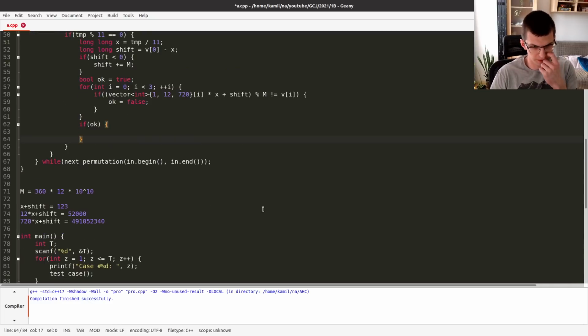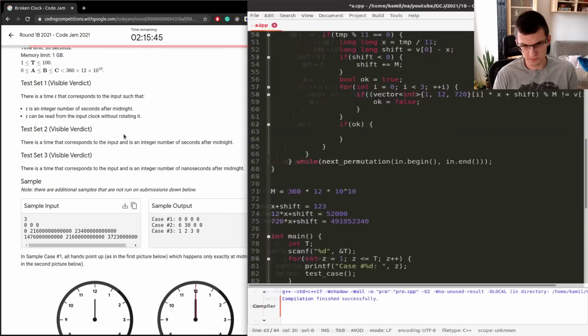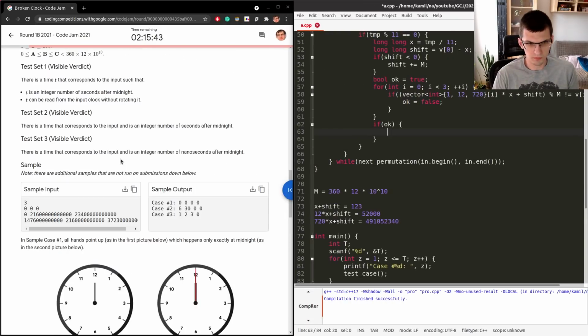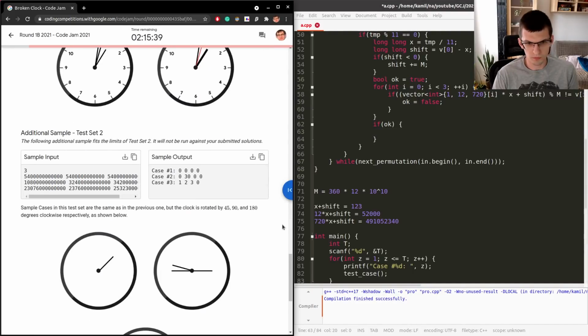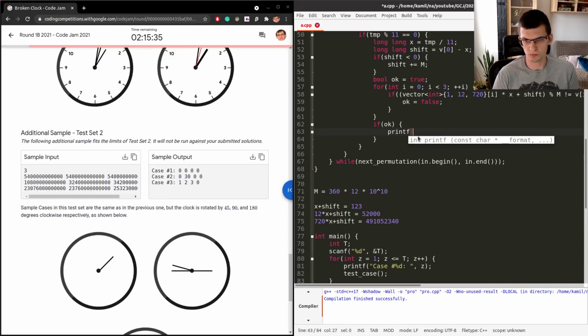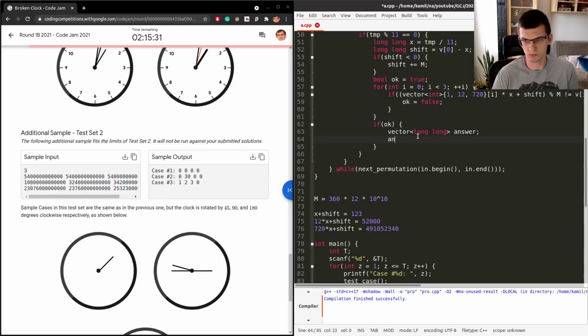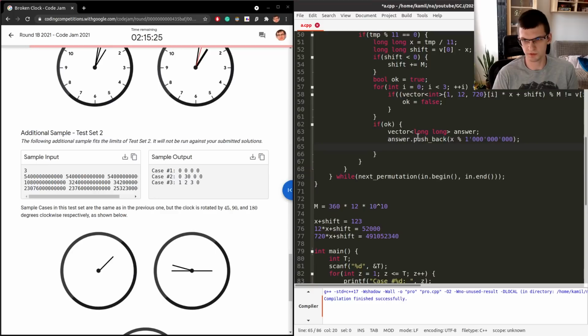If OK, then we have a candidate, and now x modulo stuff will give me everything I need, I believe. This is number of nanoseconds.